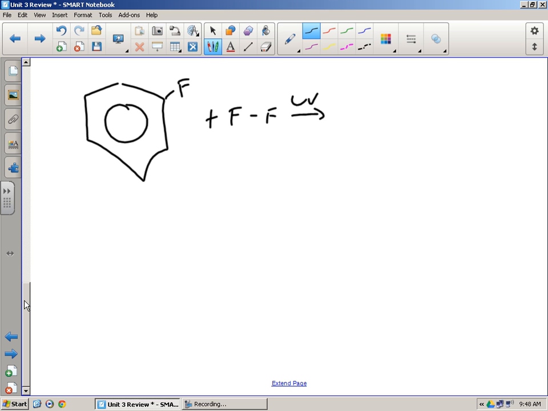Now we're going to start putting F's on and taking H's off. So your first option here would be something that looks like this. That fluorine has to stay there, of course. I'm not taking that one off. That fluorine's not going to switch with another fluorine, and even if it did, it wouldn't matter. So I could take this one off right there and put a fluorine on. So that's an option.